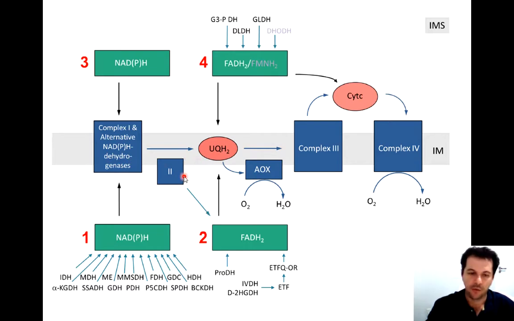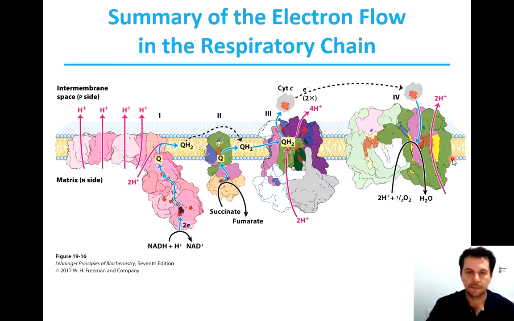Complex 2 uses succinate, and all of this is going to feed the pool of ubiquinone that can transfer the electrons to the complex 3, and cytochrome C can take electrons to complex 4, and then you have the ATP synthase that is going to synthesize ATP. So this is a summary of the electron transfer flow in the respiratory chain.